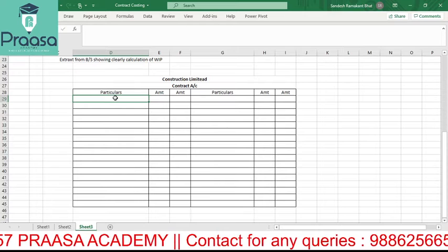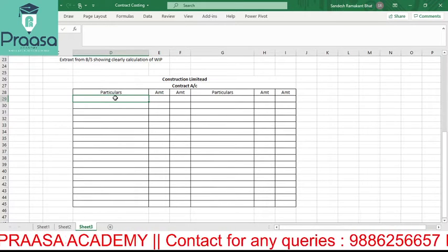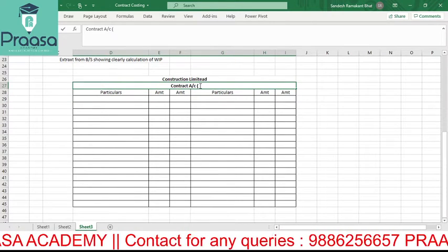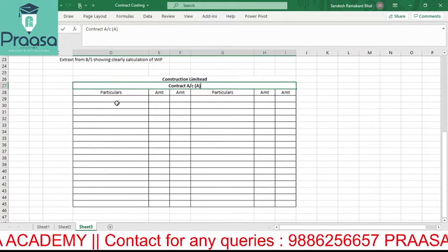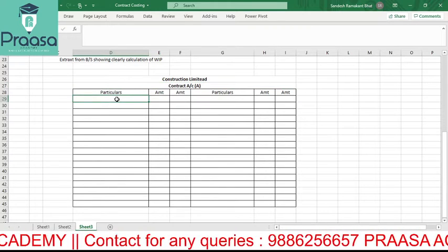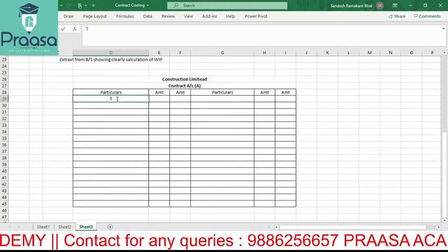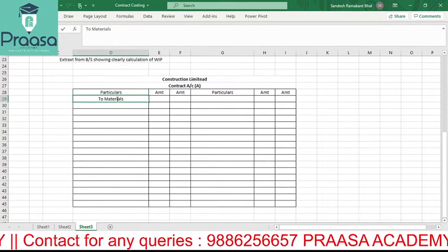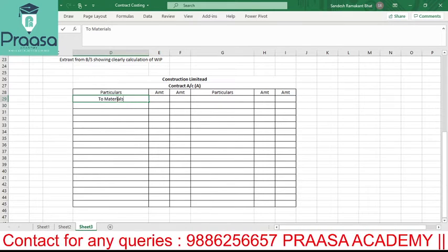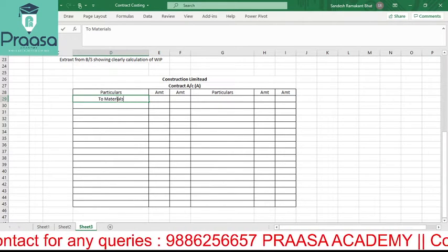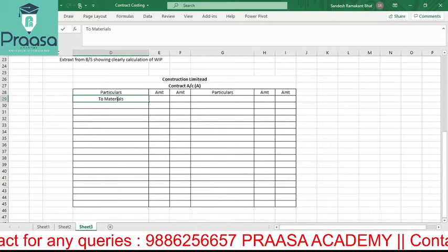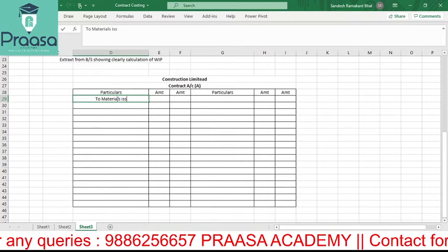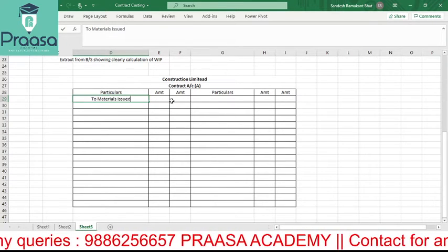As usual, this is the contract account of A. That is very important because we have to differentiate the two contracts. To material issued, how much have they given?